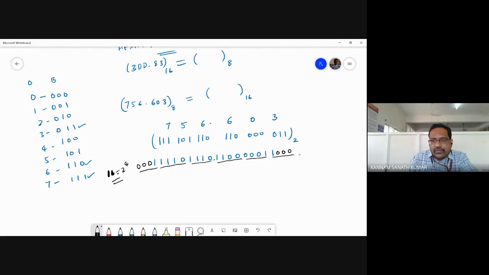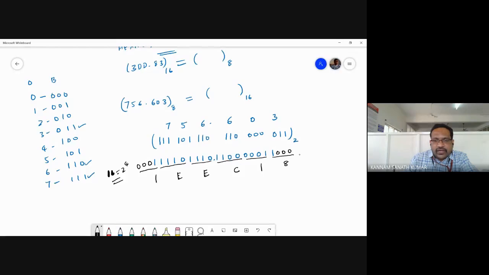Okay. So now you know this one, 1000 is nothing but 8, and this is nothing but 1, and 1100 is nothing but 3. Okay, in hexadecimal. And 1110 is nothing but E, and this is nothing but E.